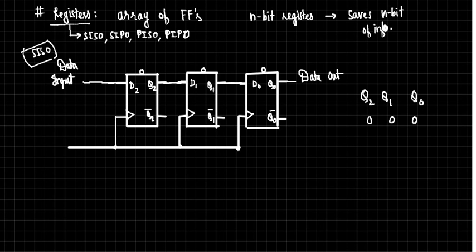Let me write it as preset bar. So this is the active low signal. What does it indicate? When you give it low, what happens? Let me put a bubble there. PR bar. When it is 0, what happens? Either you give the bubble here or there.